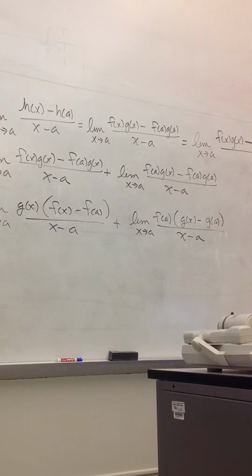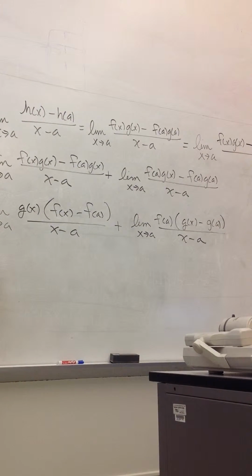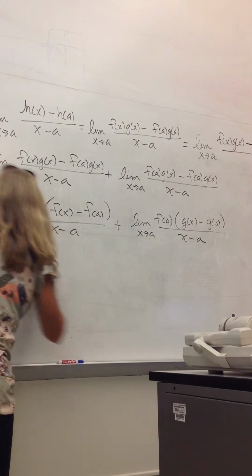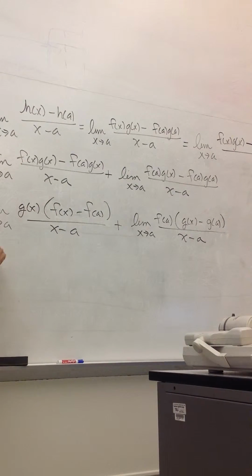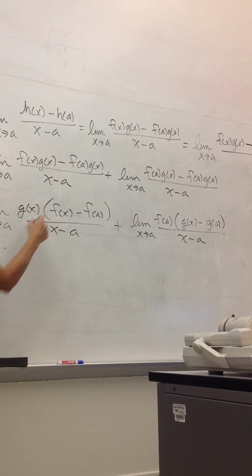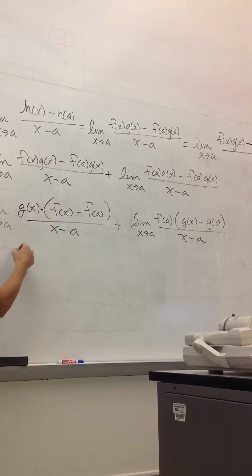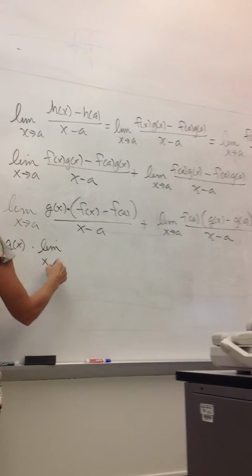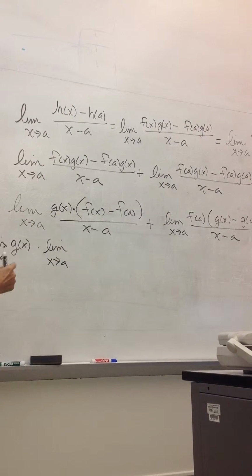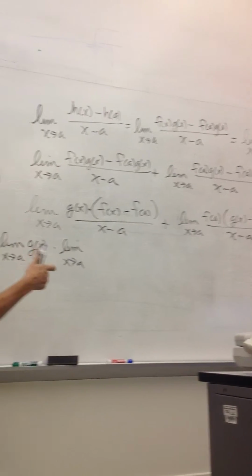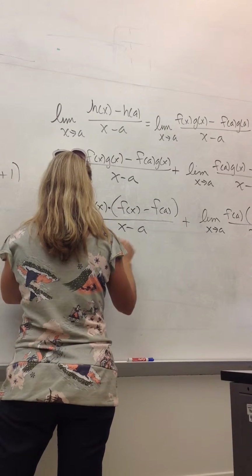Just so that everything looks exactly like it's supposed to. I have a product here, so I can once again break it up. A limit of a product is the same as the product of the limits.